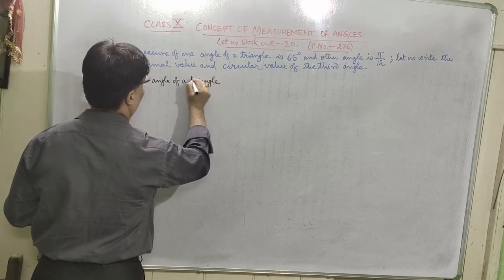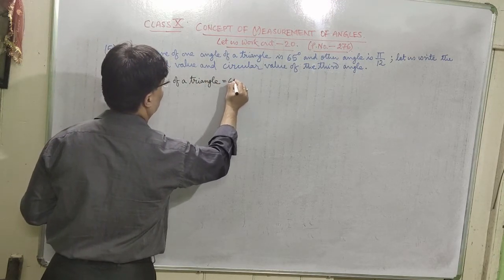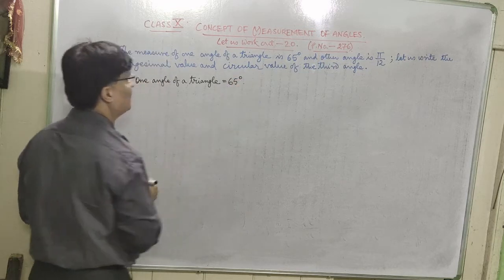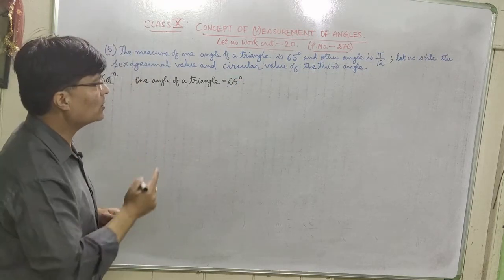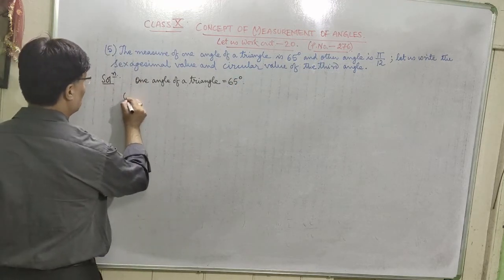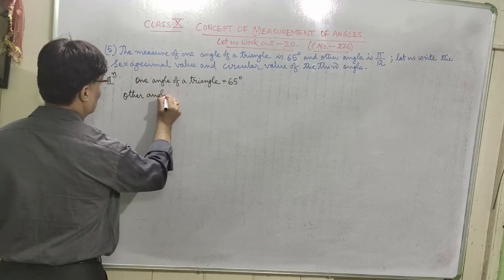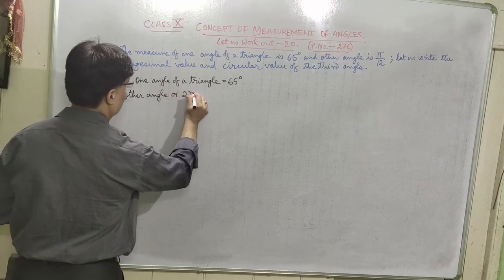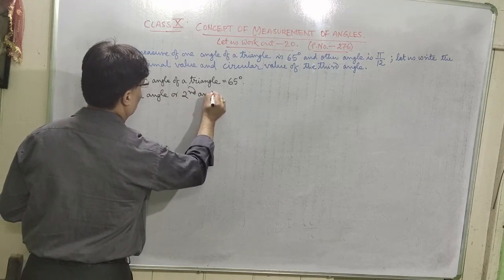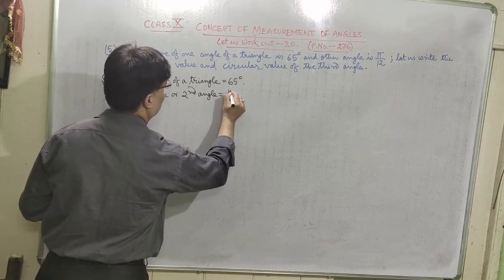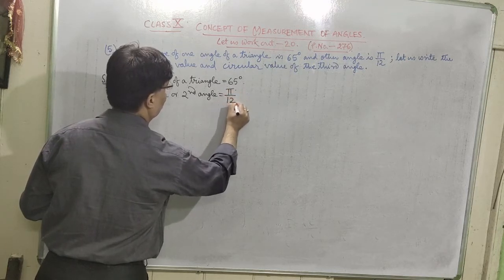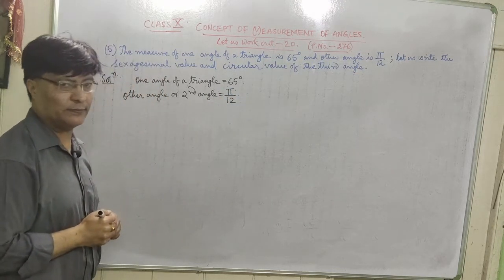One angle of a triangle is equal to 65 degree. What is the other angle or the second angle? The other angle or second angle is equal to, this is in terms of radian, pi by 12.